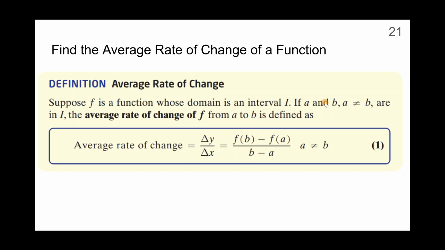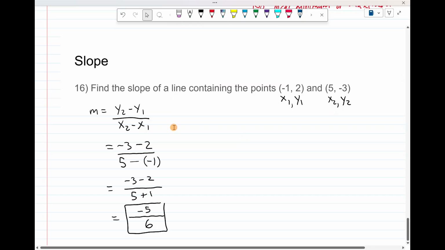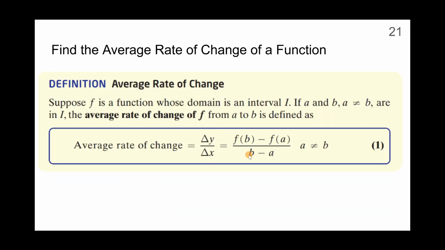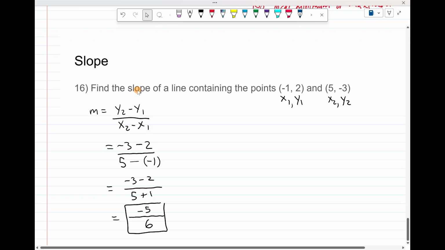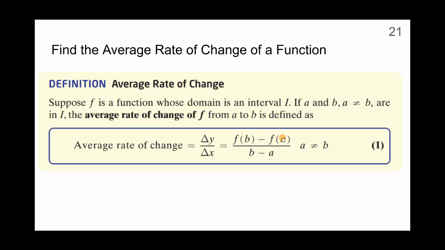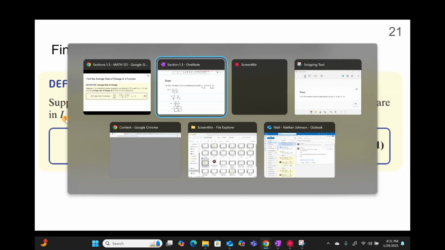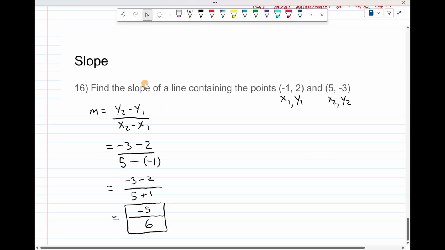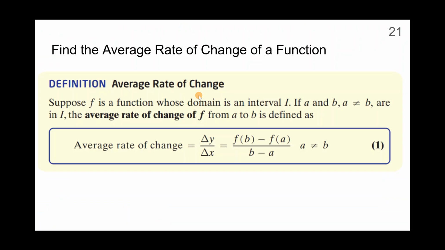If we have two x values a and b, then f(b) will be your y value for that x value, and f(a) will be your y value for x equals a. And then b minus a is very similar to x2 minus x1.